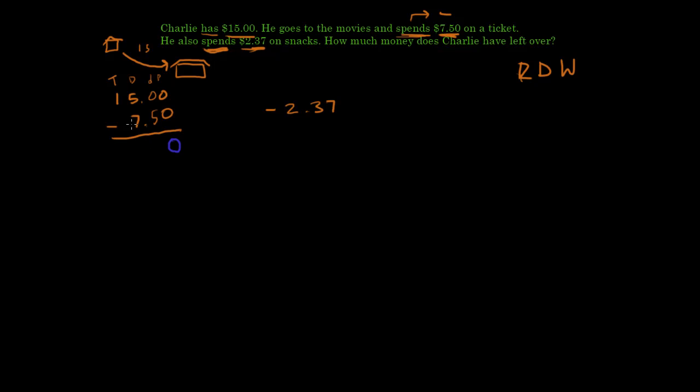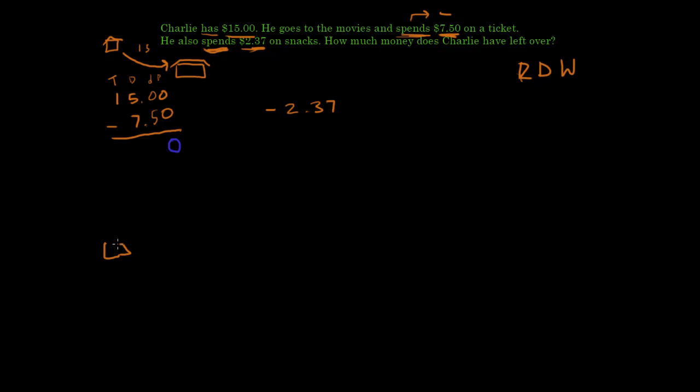0 minus 0 is 0. But we are going to need to borrow for our dimes column. We're going to need to break up some of these $5 bills in order to subtract away 5 dimes. So let's go ahead and write out how much money he has.